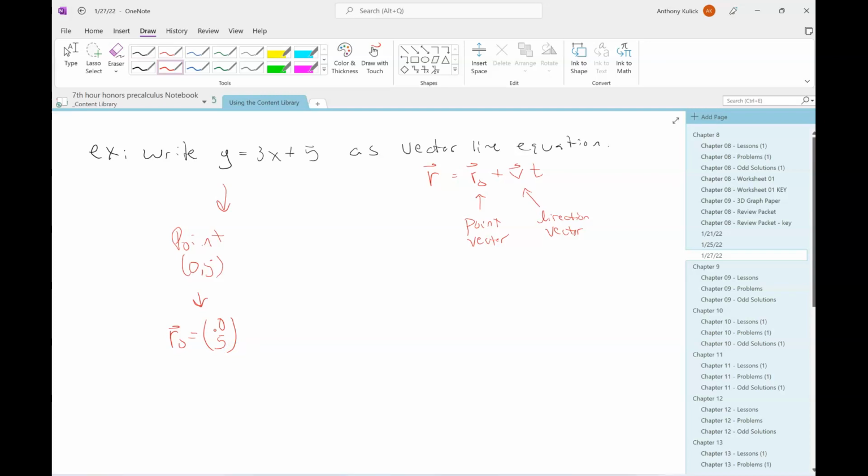Everybody happy there? It's the y-intercept. Or you could pick a value for x and plug it in to generate the value for y. Either way is fine.